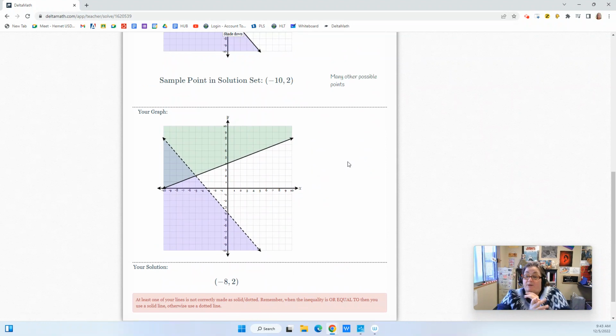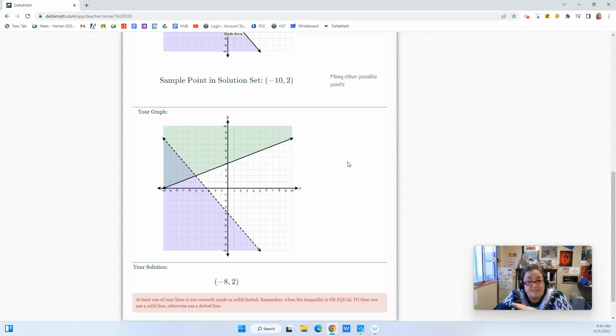Because what are we doing? We're doing 4 things really. We've got graphing the line. Did we graph it correctly? Is it equal to or not equal to, so is it solid or is it dotted? Did we shade it properly? And did we put in a point that actually lies within the common solutions?